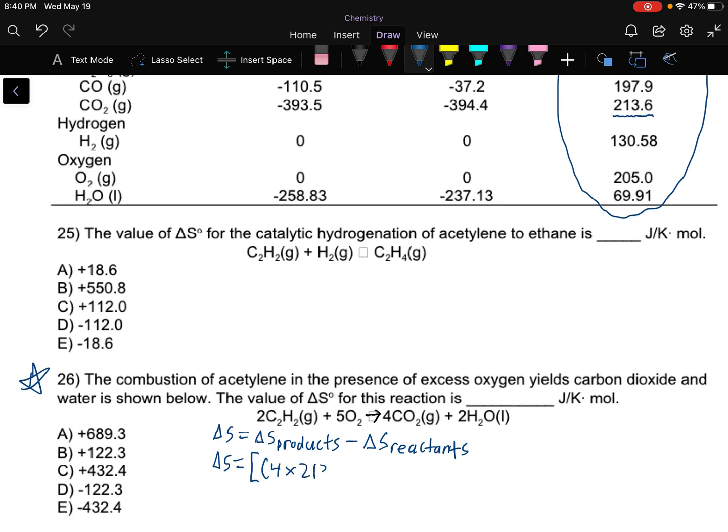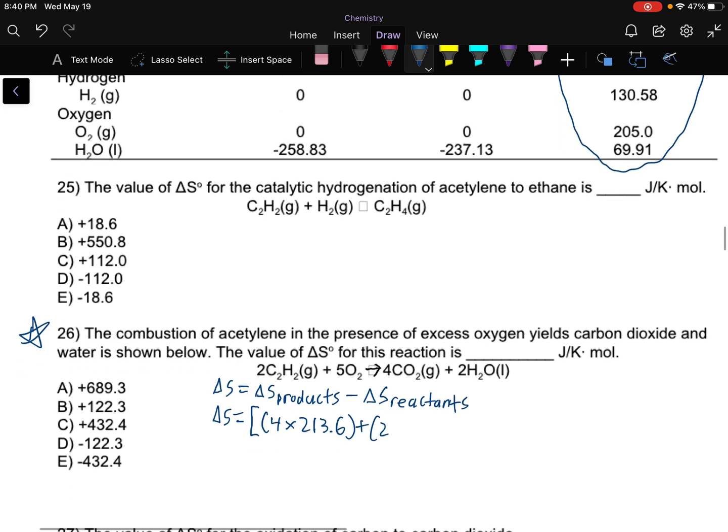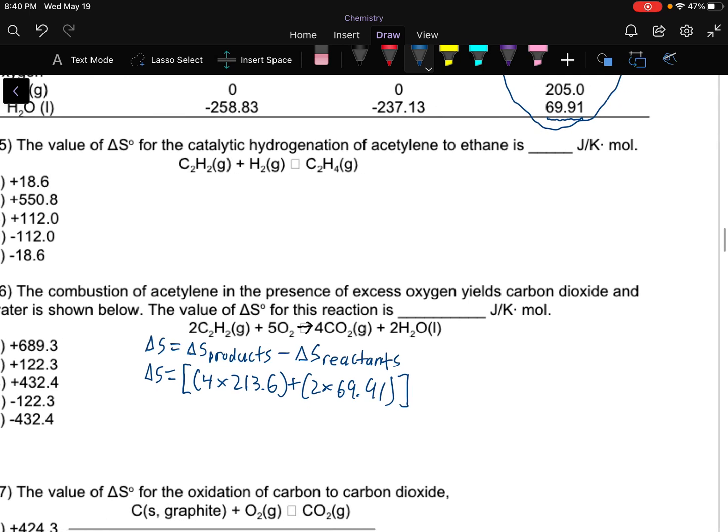So times 213.6 plus, and then we also have 2 moles of H2O liquid, so 2 times H2O liquid, that's 69.91. So times 69.91, and close parentheses, and then minus, and then we go over to the reactants, which is on the left side.